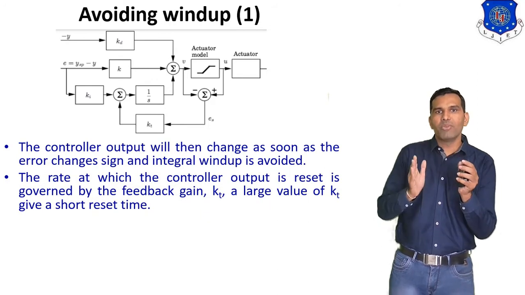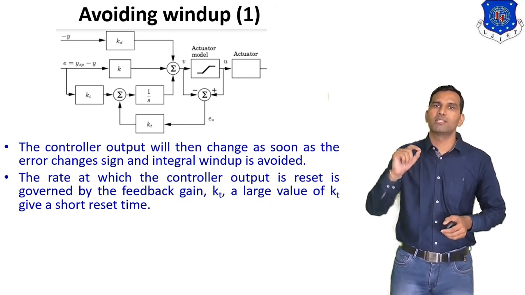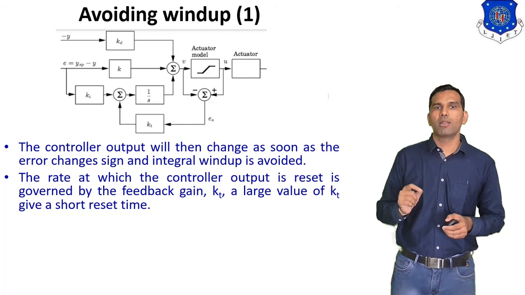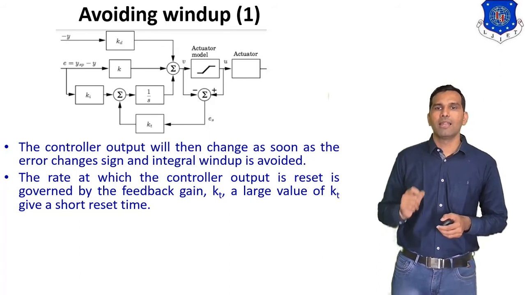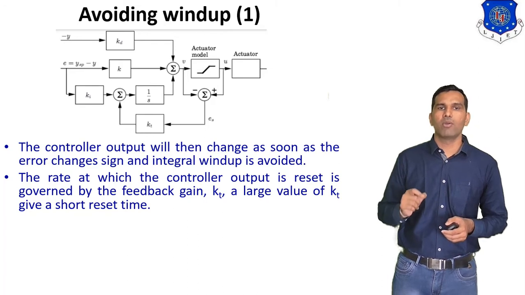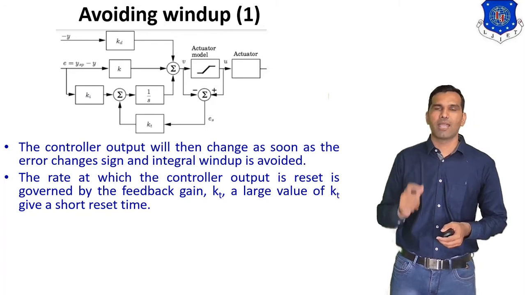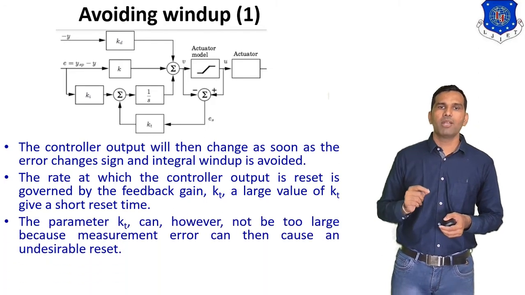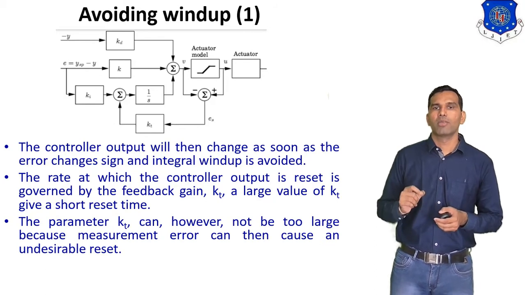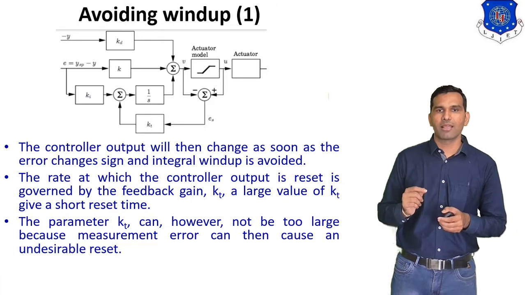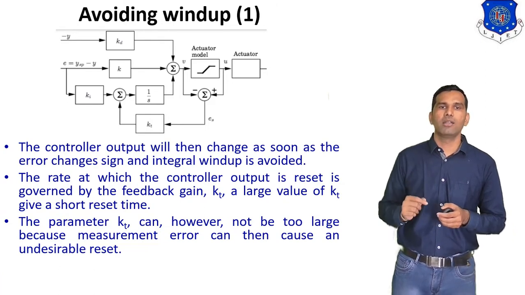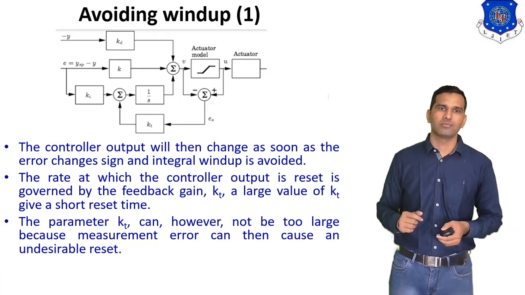The rate at which the controller output is reset is governed by the feedback gain, that means KT. A large value of KT gives a short reset time. The parameter KT can, however, not be too large because measurement error can then cause an undesired reset.